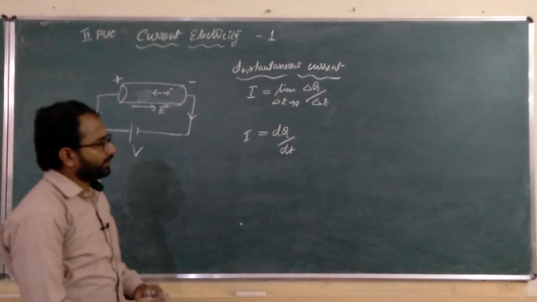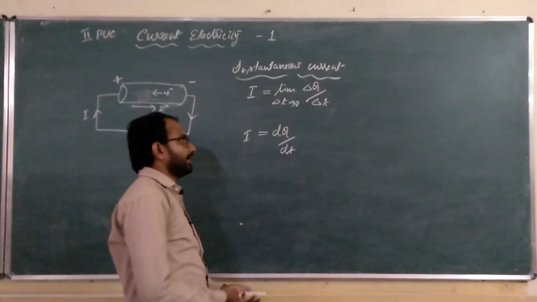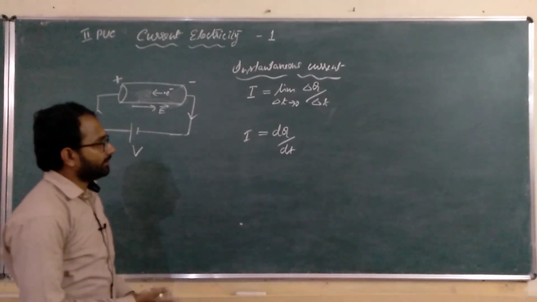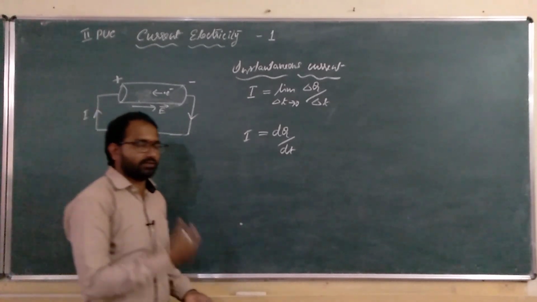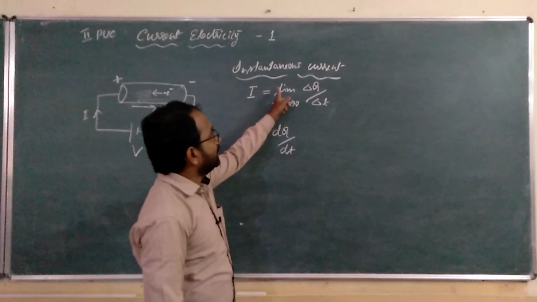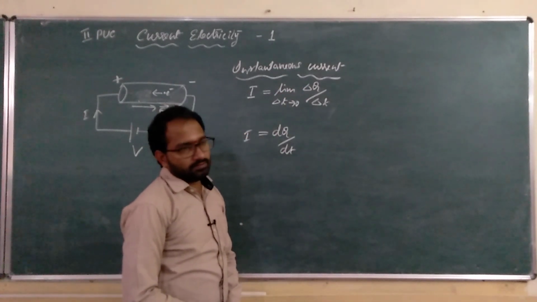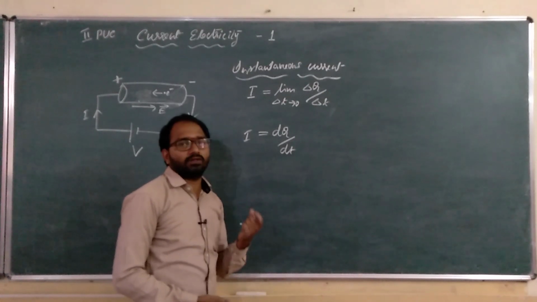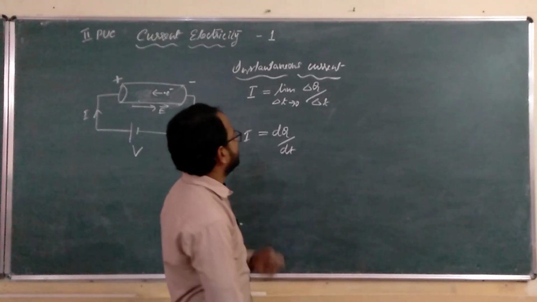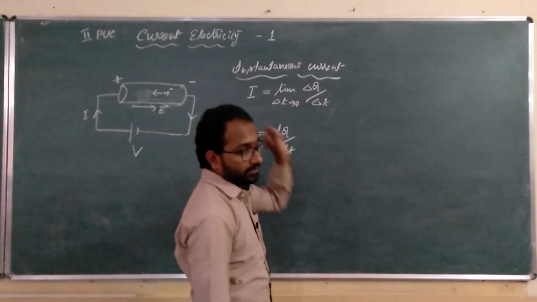If the charge flowing is variable, meaning the current is not steady, it is a variable current, then what is the instantaneous value of current? Current at any instant of time is the limit of delta q by delta t as delta t tends to 0. Take a time interval that is infinitesimally small, then consider the amount of charge flowing in that very small time interval.